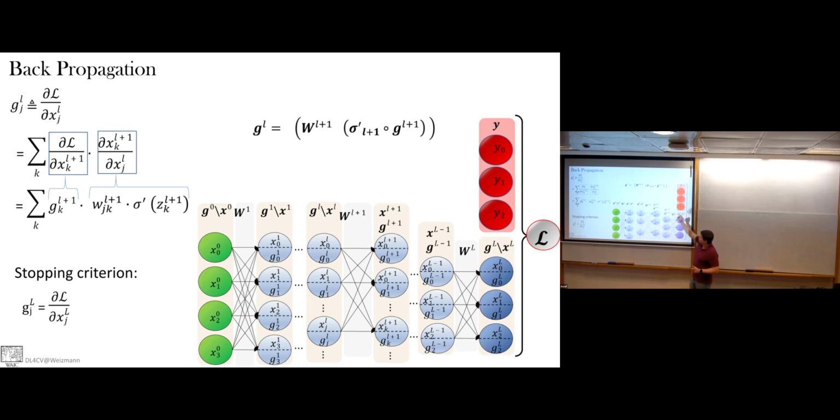We see G superscript L. This vector G equals the multiplication of the weight matrix, but now it's the weight matrix that is ahead, multiplied by this gradient vector, which also needs to be multiplied by this derivative of the activation.